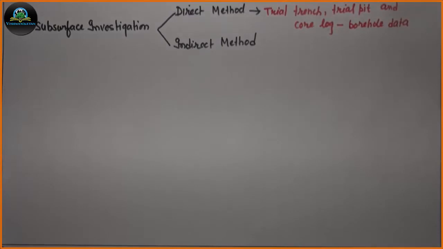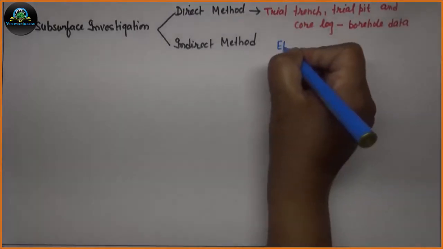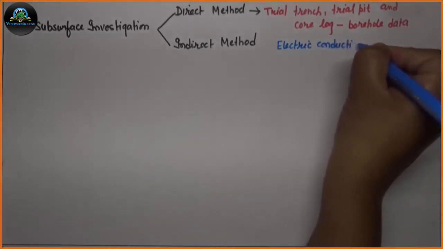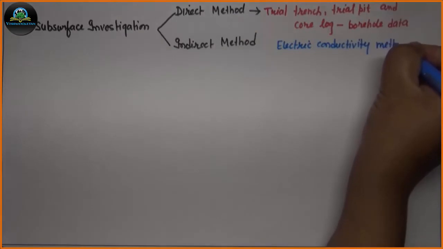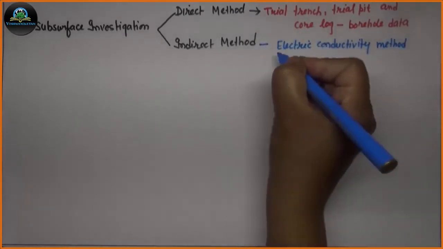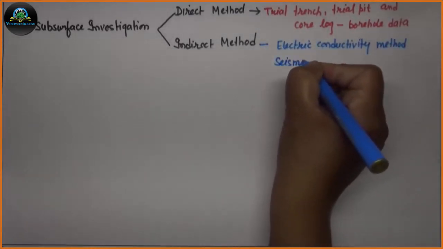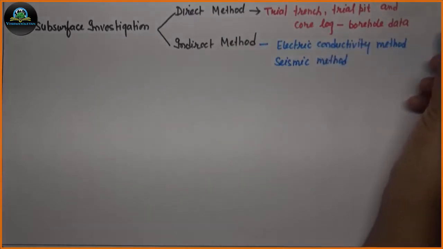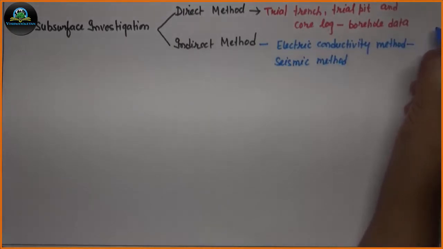In the indirect method, the main two methods are the electric conductivity method and seismic methods. The electric conductivity method is mainly useful for rocks or metals which are good or bad conductors of electricity.